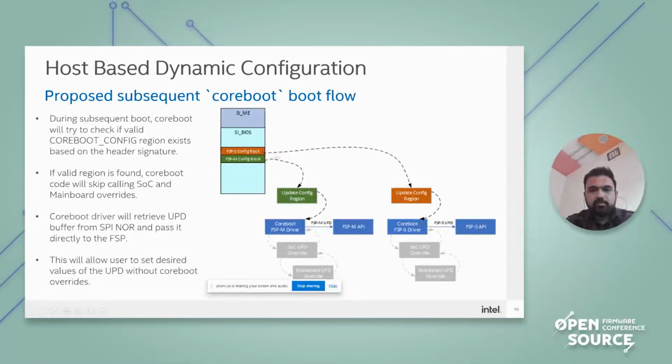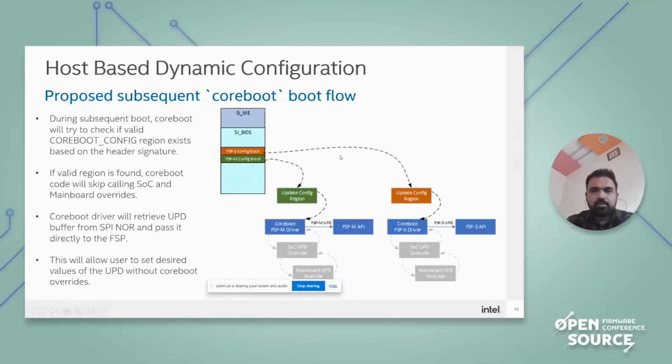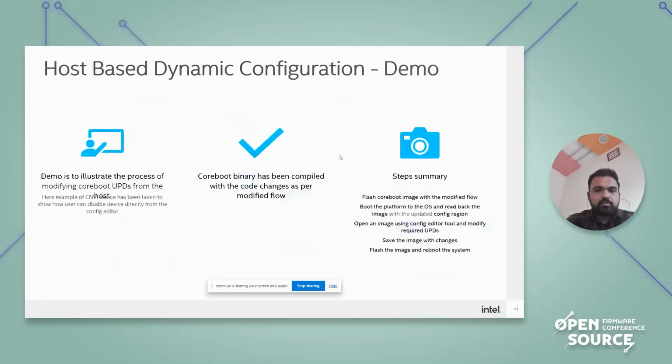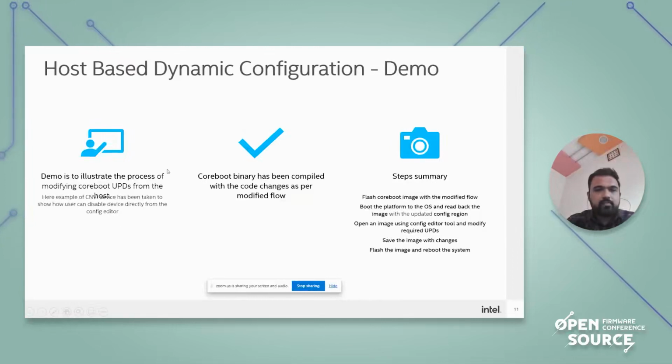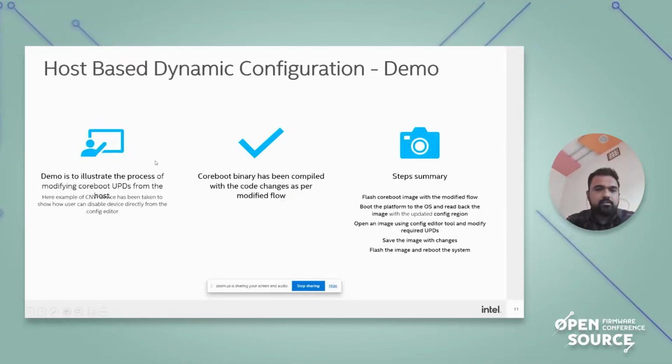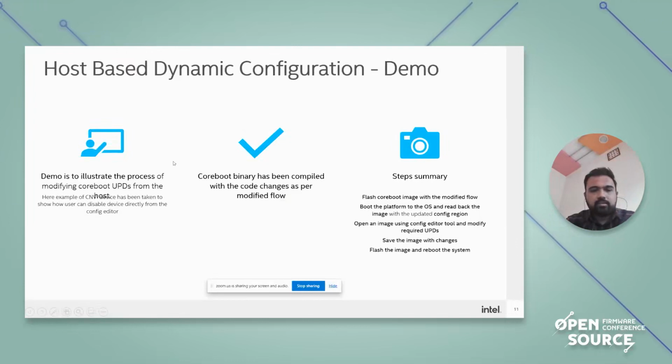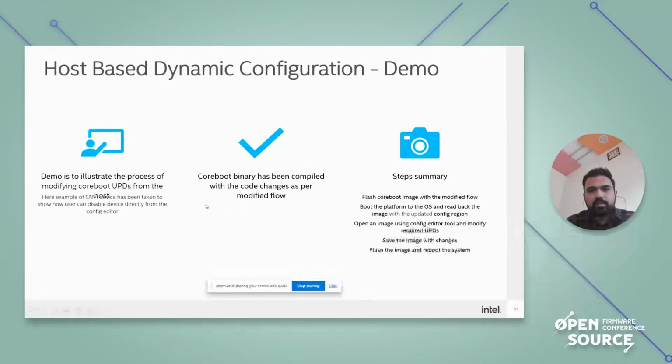So I hope the flow is clear till now. And we also have one demonstration in the next slide for this. For the purpose of demonstration, we are taking the example of the CNVA device. We have already compiled a coreboot binary with the updated flow, which we had seen in the previous slides.